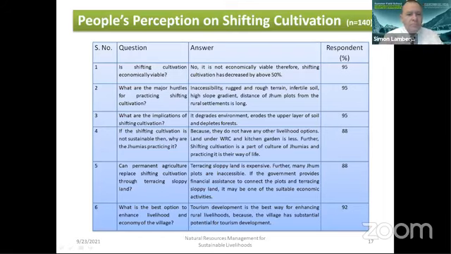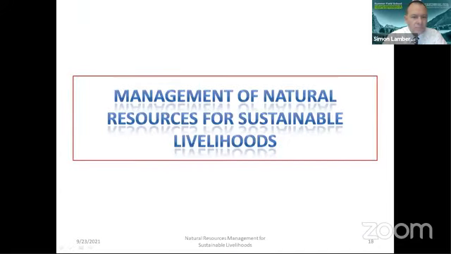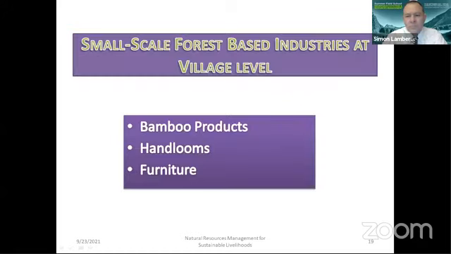This is about people's perception of how to use the natural resources for their sustainable livelihood. I will skip this. I will talk about the management of natural resources for sustainable livelihood. What we suggest is to develop small scale forest based industries at village level without affecting the forest and forest area.